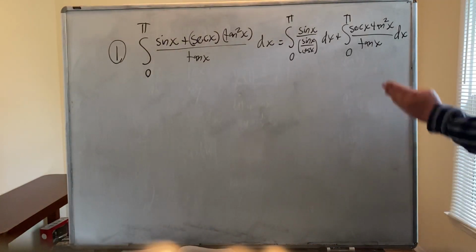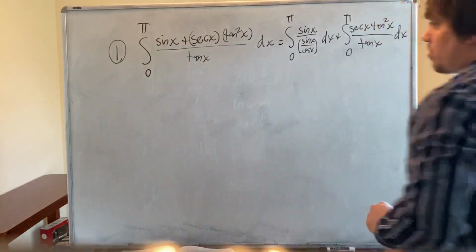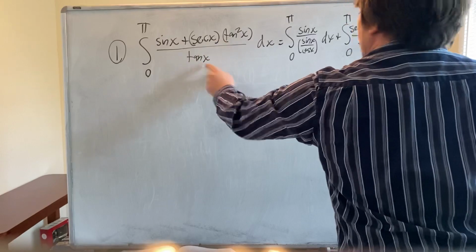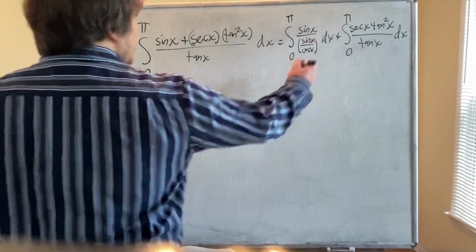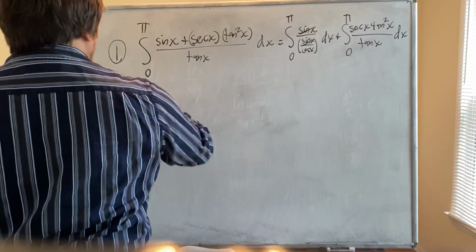So just right there, it's the sum of two integrals because of that plus sign: this divided by this plus this product divided by this. The sines cancel, and 1 over cosine x is equal to cosine x.